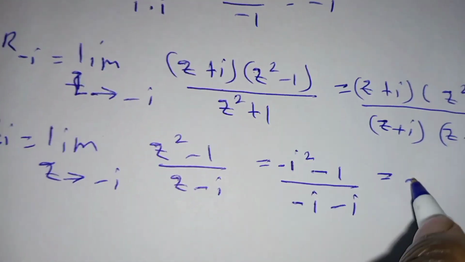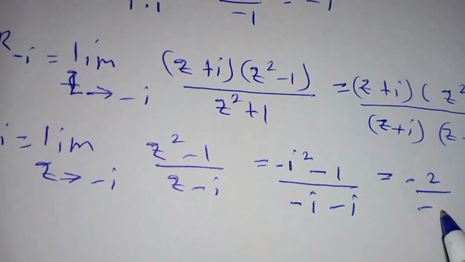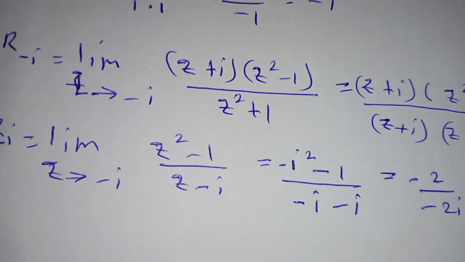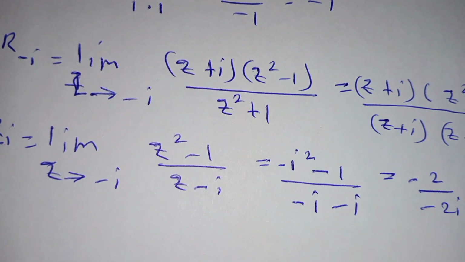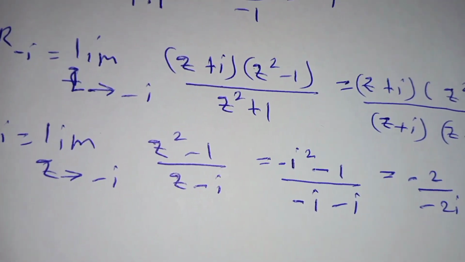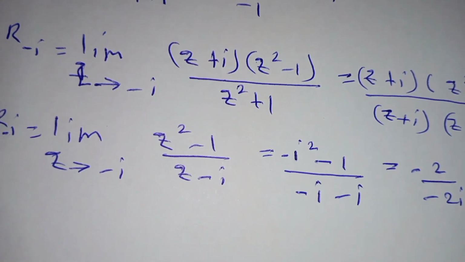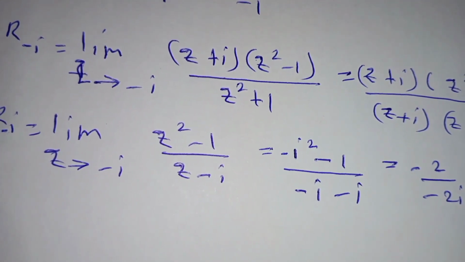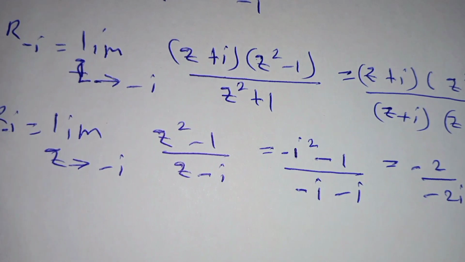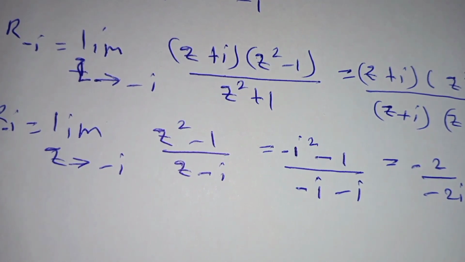So this is equal to negative 2 over negative 2i, which is equal to i, and that is the result that we obtain there.